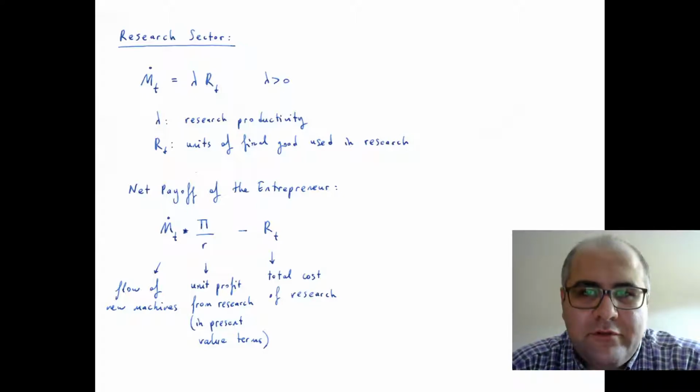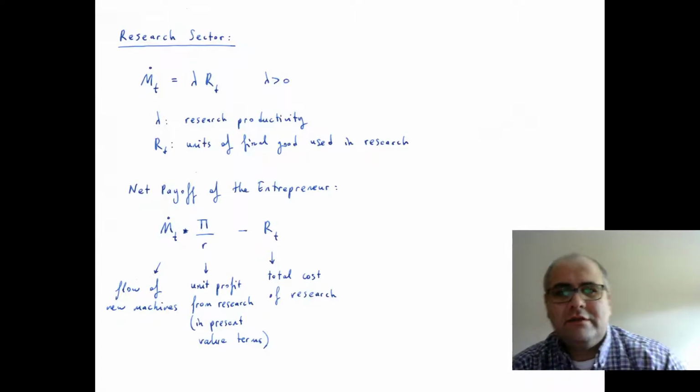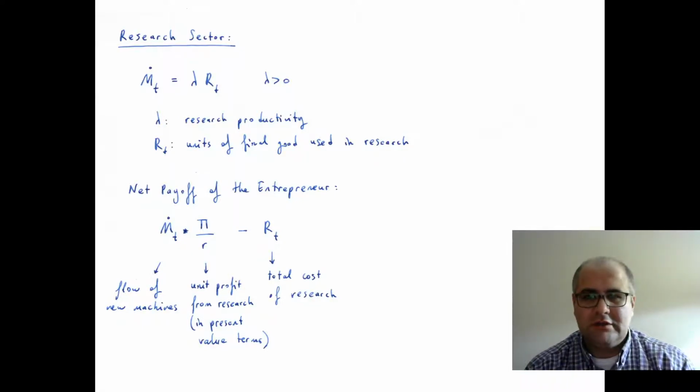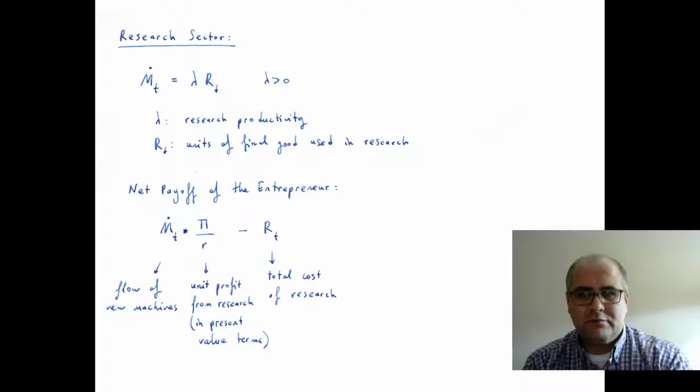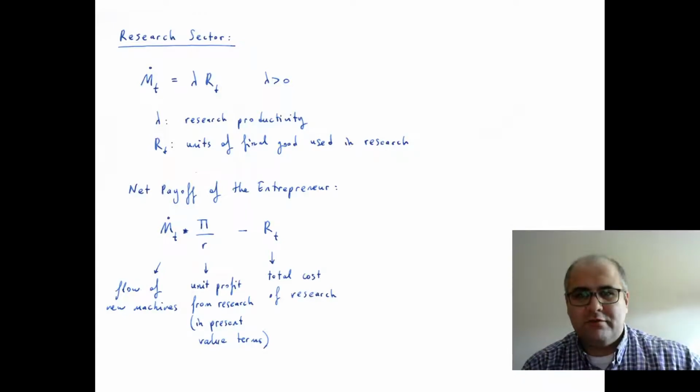So the net payoff depends on two things, of course. First, the profit stream minus the cost, because there would be some profit if the entrepreneur invents a new machine. He or she will be producing this in the intermediate sectors starting from that point on.